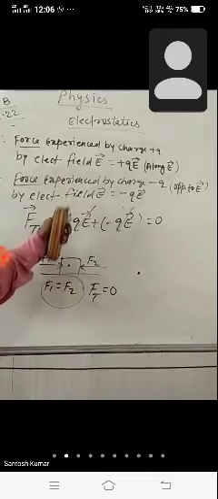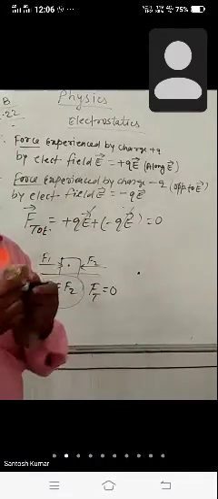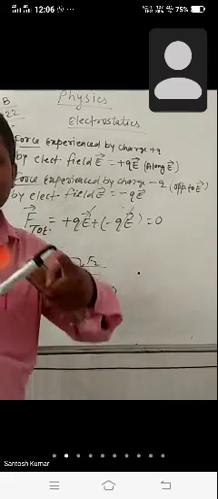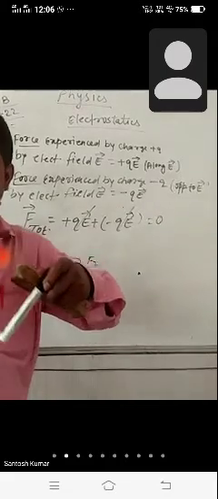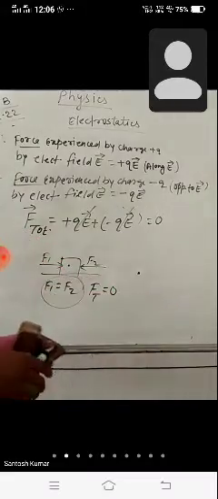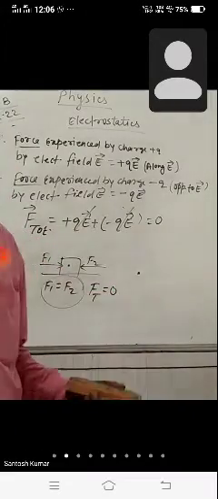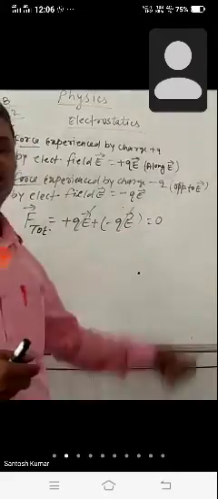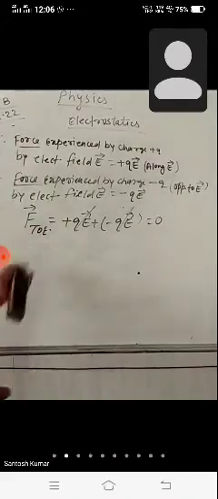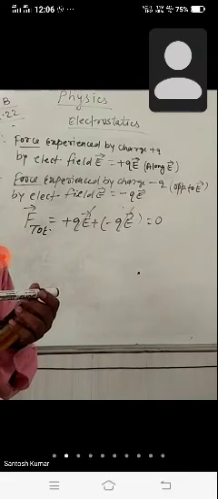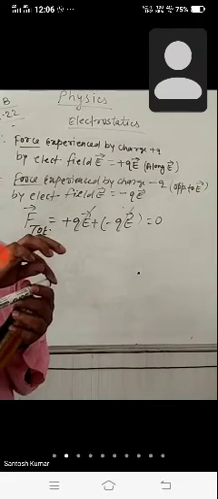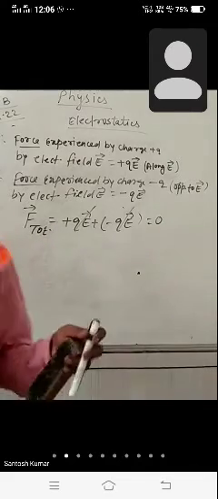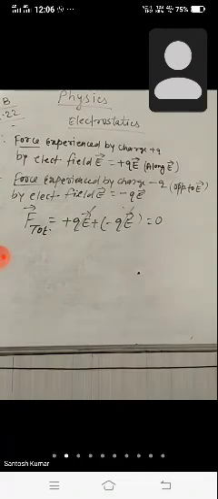But here the action point is different. One force is acting at this point, another along this. So it will cause a turning effect. That turning effect is known as torque. So here the resultant force is zero, but still, due to the different action points, the torque will be produced, and that torque makes it move or rotate.